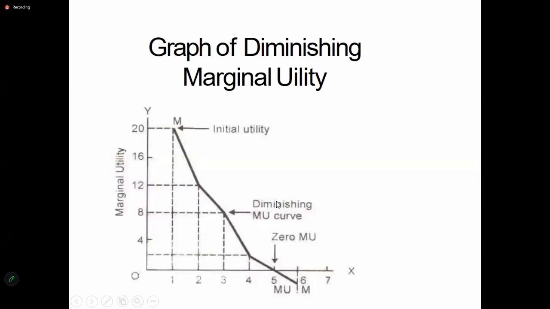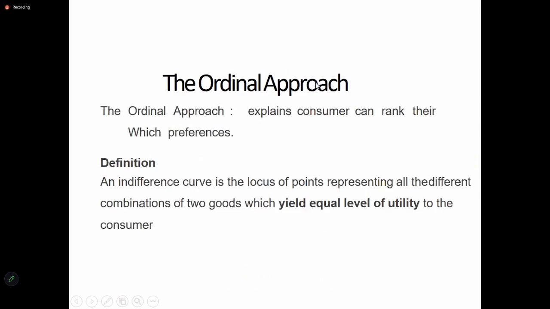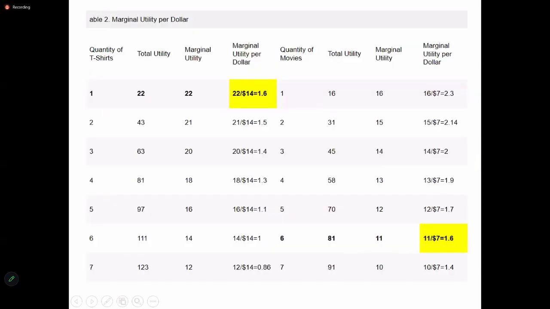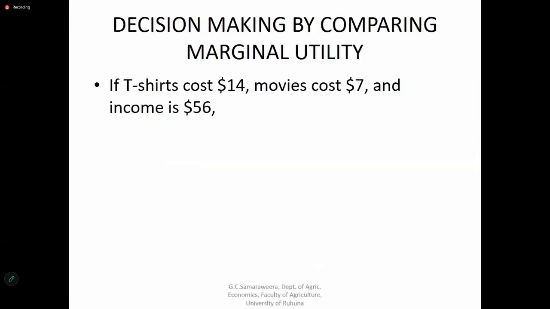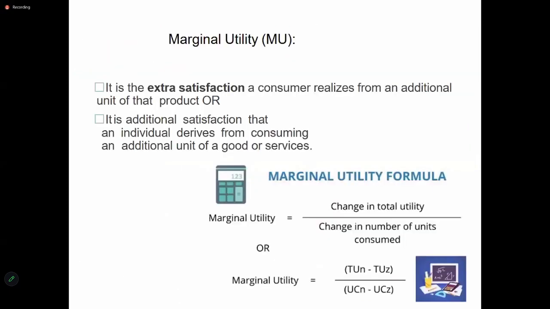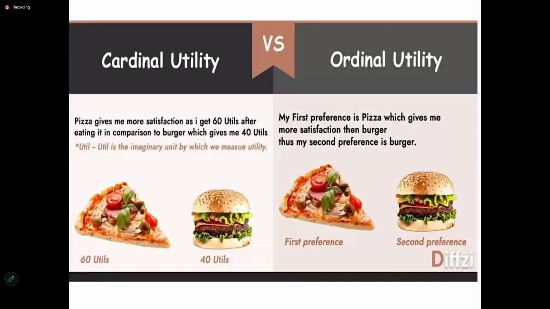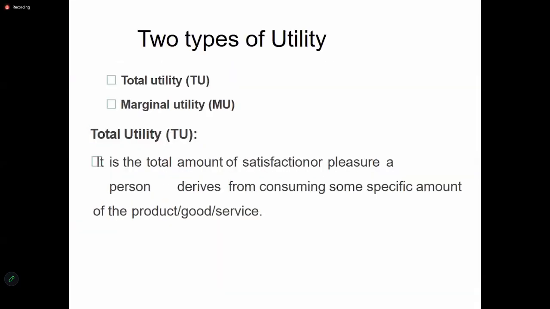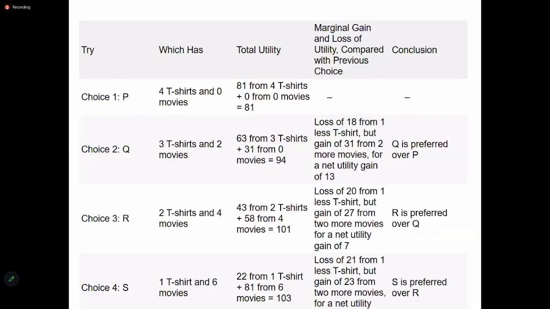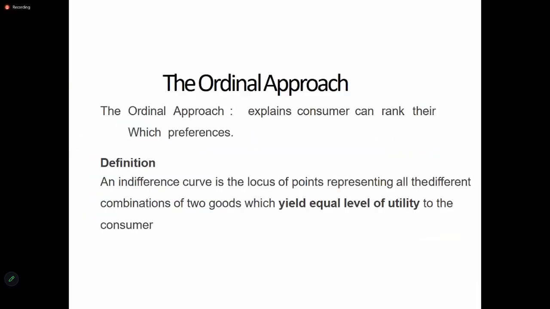Okay, we explained it nicely. In the ordinal approach, I think you all remember, the consumer can rank their preferences. Now, from here, all of this was the cardinal case. I think you remember these two approaches, cardinal and ordinal. In the cardinal approach, we discussed diminishing marginal utility, maximizing utilities, and all. Now we are moving to the ordinal approach.